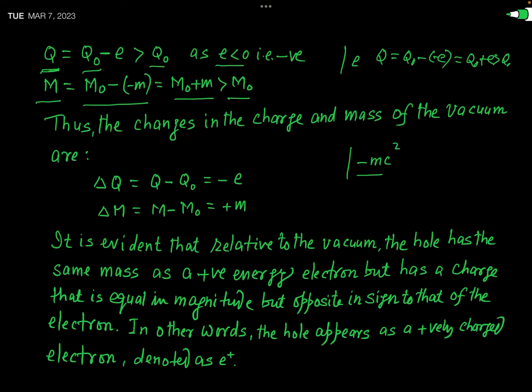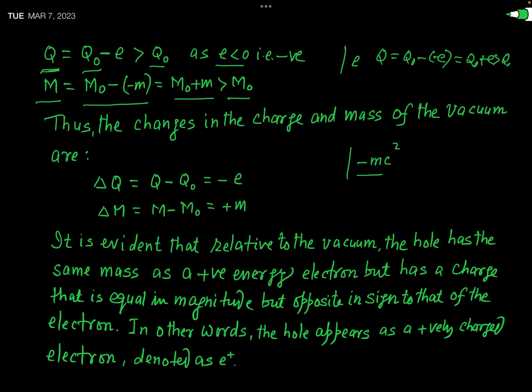So you know the unperturbed charge and mass of the negative energy state, and you have calculated the charge and mass of the vacuum after creation of the hole. So what are actually the values of the change in charge and mass of the vacuum? You can easily find.